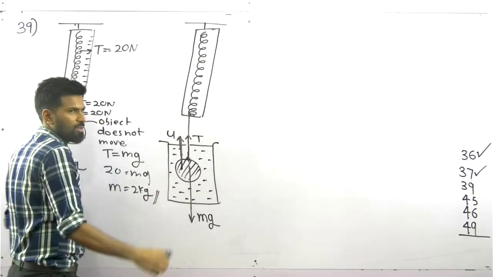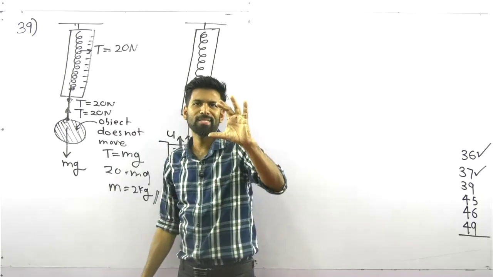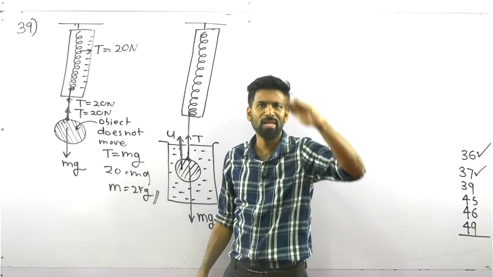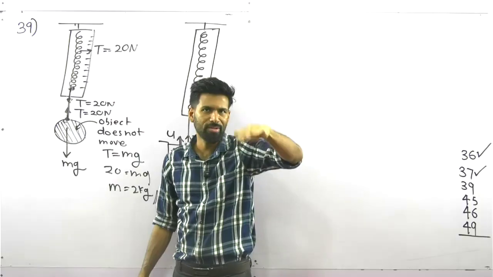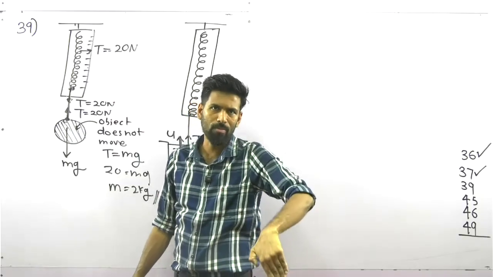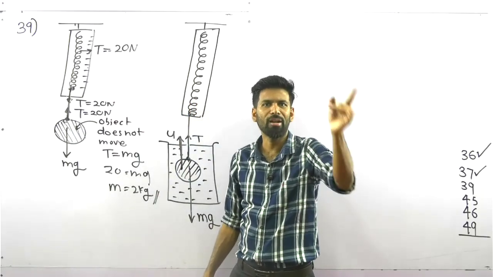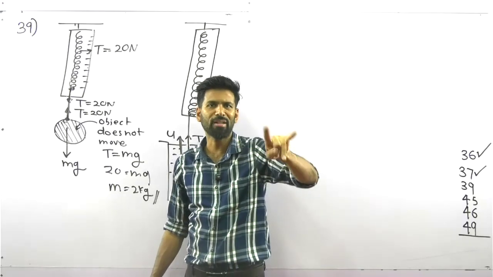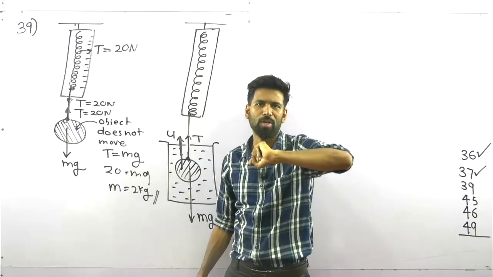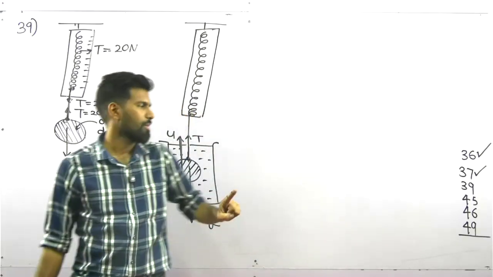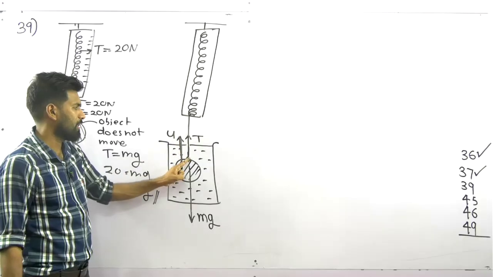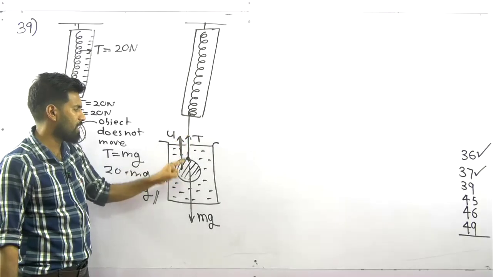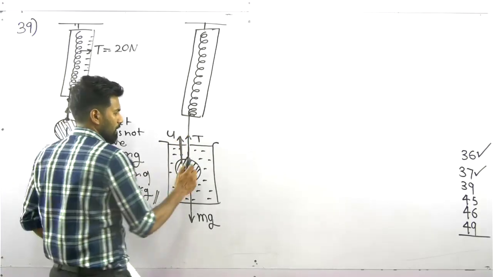What is upthrust? The object has a top level and a bottom level, and there's a pressure difference due to the depth change between the top and the bottom, and this pressure difference creates different forces on the top surface and the bottom surface. So the resultant force remaining is upward, it's upthrust. So the object has the upthrust and tension T upward, and weight mg downward.